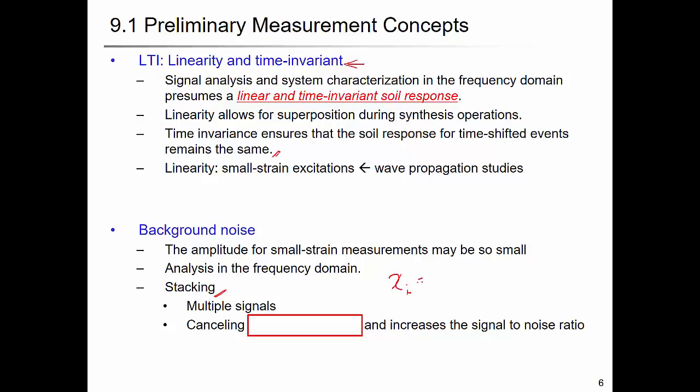X, I, K equal 1 to N, right? This was the stacking equation. And by doing the stacking, you are canceling the non-coherent noise. So the ambient noise can be cancelled, and you can increase the signal-to-noise ratio.